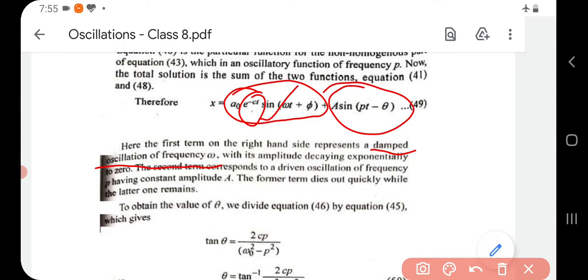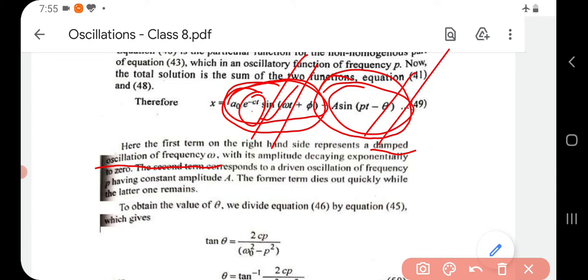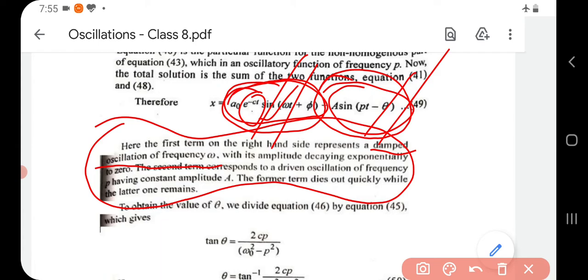Now the former term will decrease quickly, whereas the latter one will remain. Since the first term decays exponentially with time, it will go off easily, but the amplitude of the second is a constant, so that will remain. This paragraph you have to write.